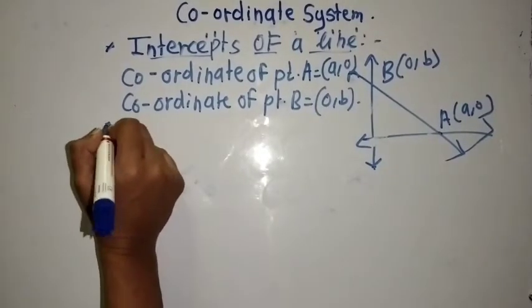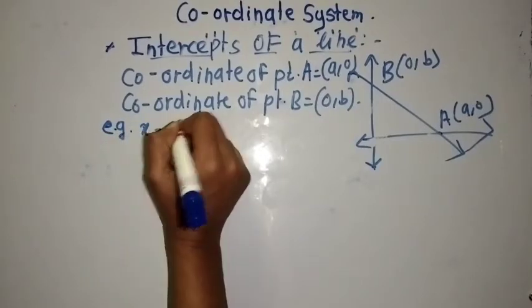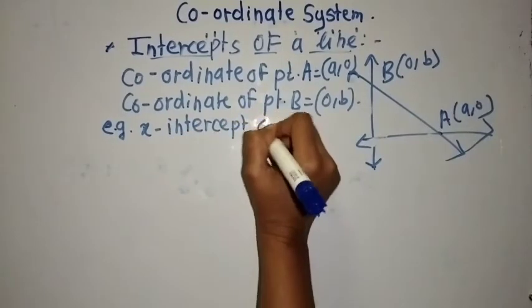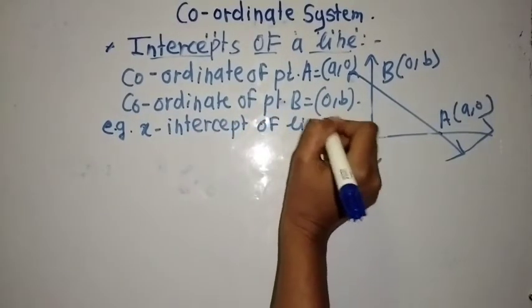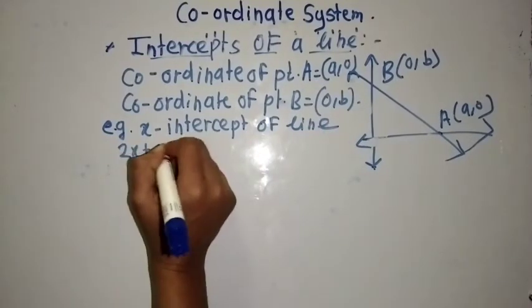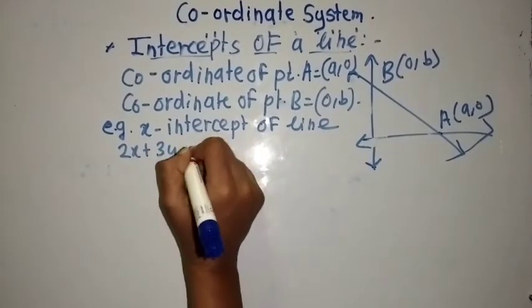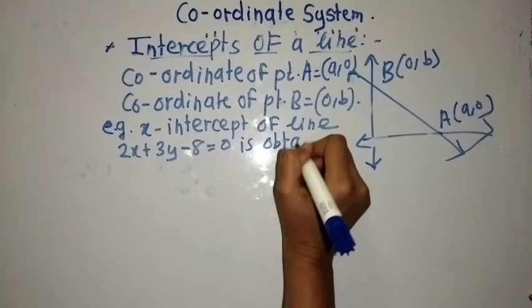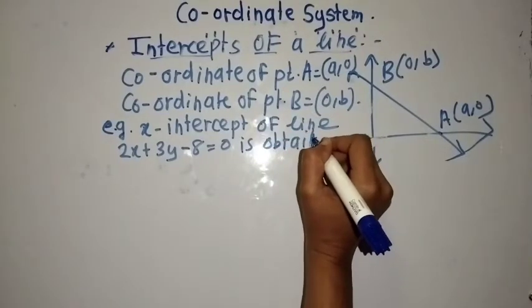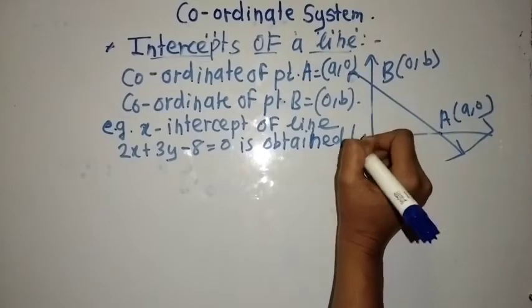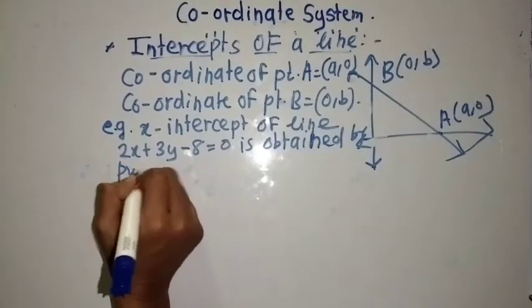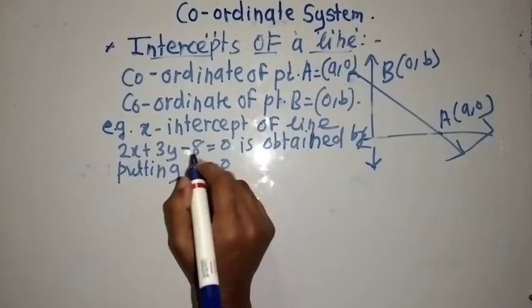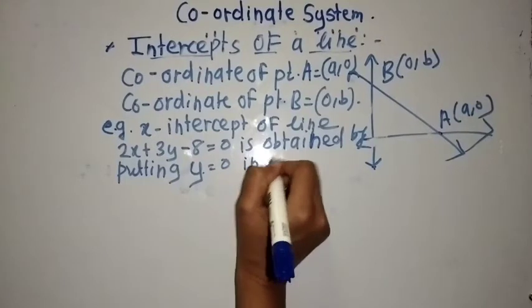Then we give an example. The x-intercept of the line 2x plus 3y minus 8 is equal to 0 is obtained by putting y is equal to 0 in the equation.